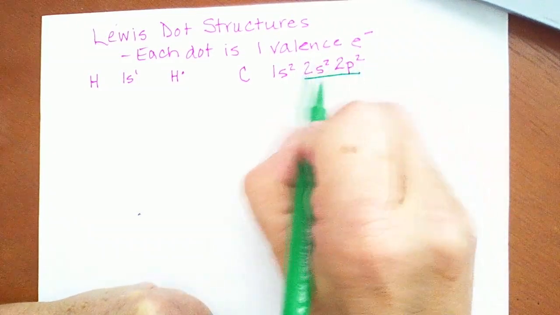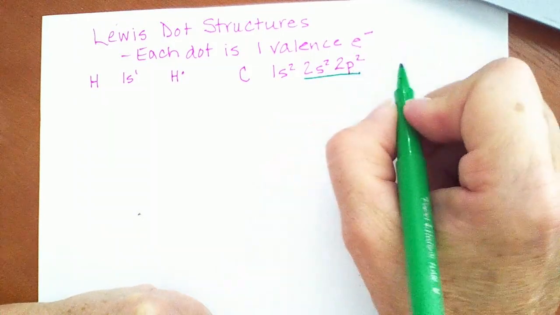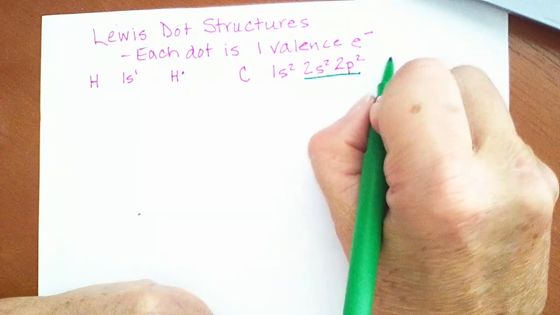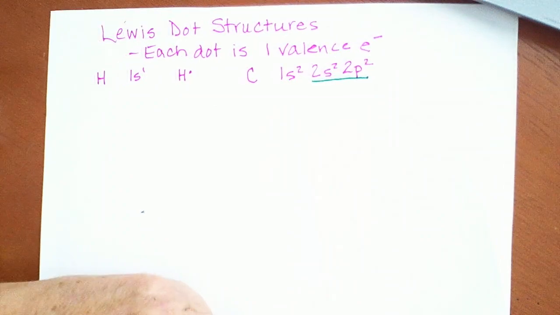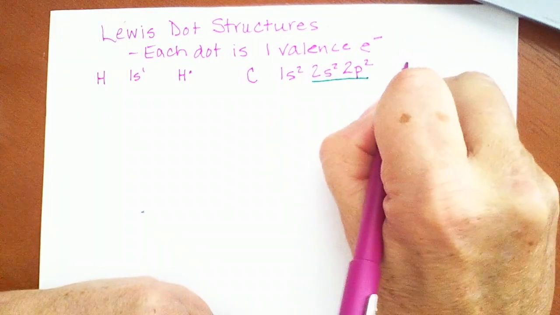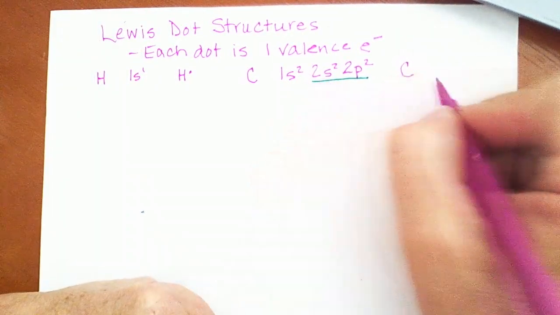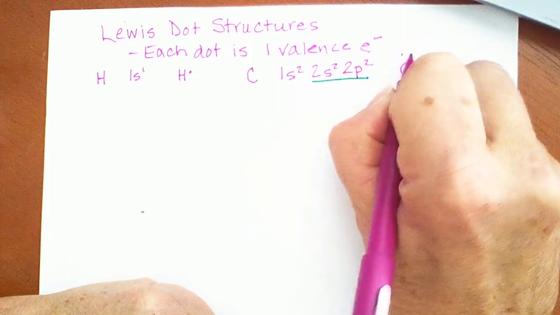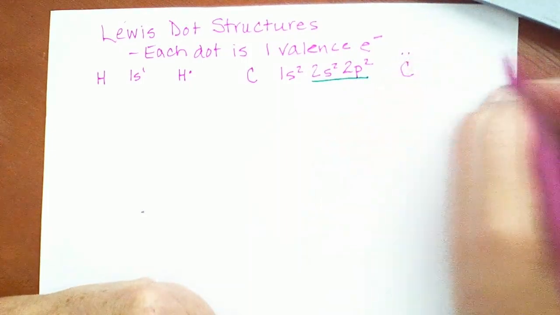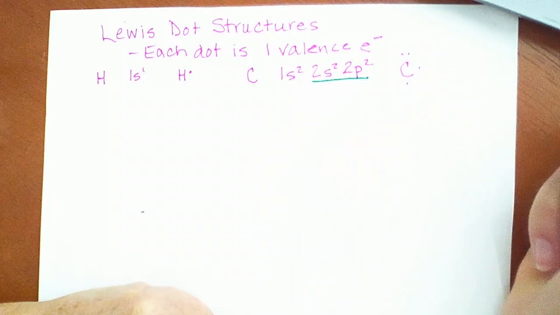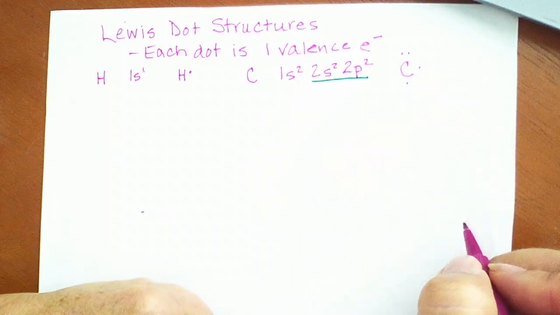So all we're looking at are these two. So therefore, our electron dot structure would be carbon, the symbol, and then the way that I taught you was the S's are up here, so two S's, and then carbon would be like this.